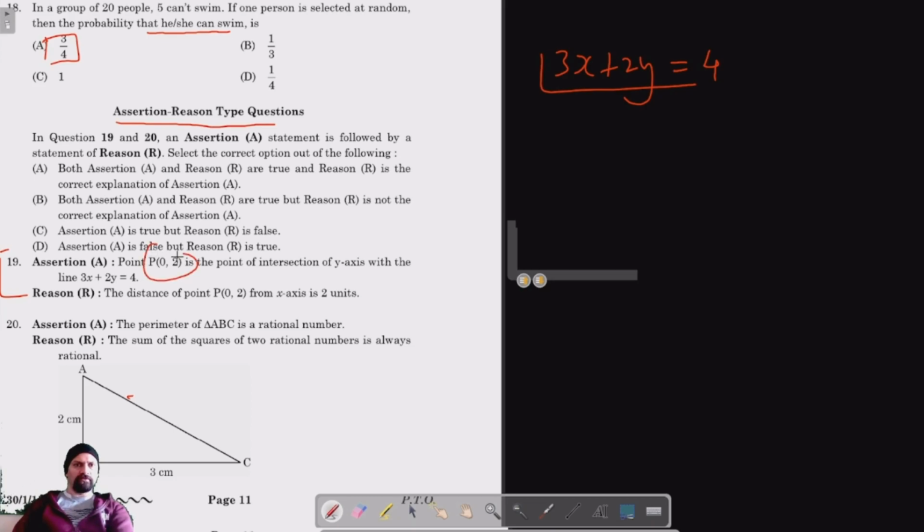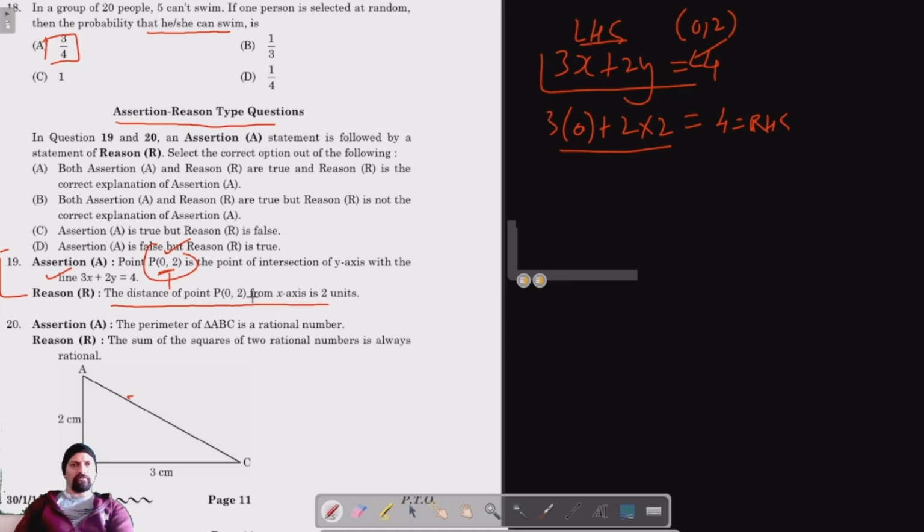Now, if P is the point of intersection on the y-axis, that means it should satisfy this equation. So if I put this point 0, comma 2 in the LHS, this is 3 into 0 plus 2 into y, which is 2, is equal to 4, which is equal to RHS. So this point satisfies the given equation. So that means assertion is true. So this is the point of intersection of y-axis with the line.